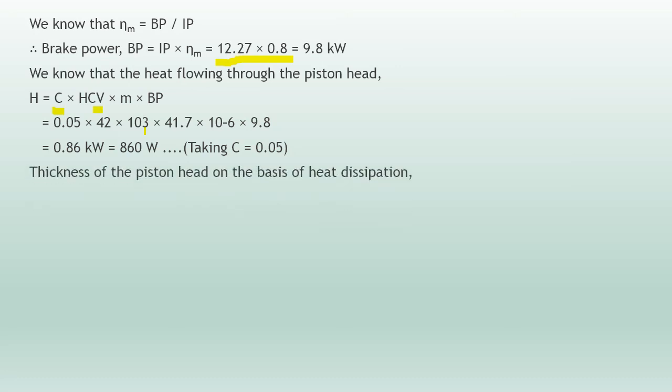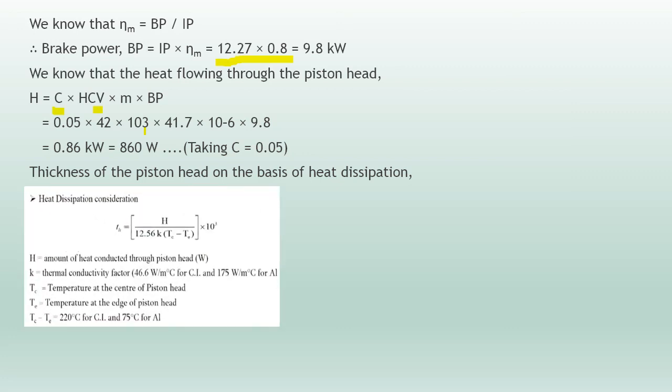Then the thickness of the piston head on the basis of heat dissipation is t_H equal to capital H divided by 12.56 K into bracket (T_C minus T_E), where H is the amount of heat conducted through the piston in watt. So here you will get H equal to 860 watt, which we have already calculated.